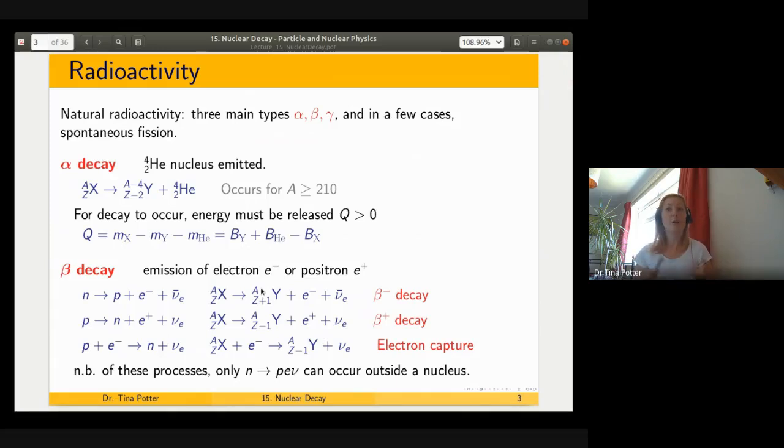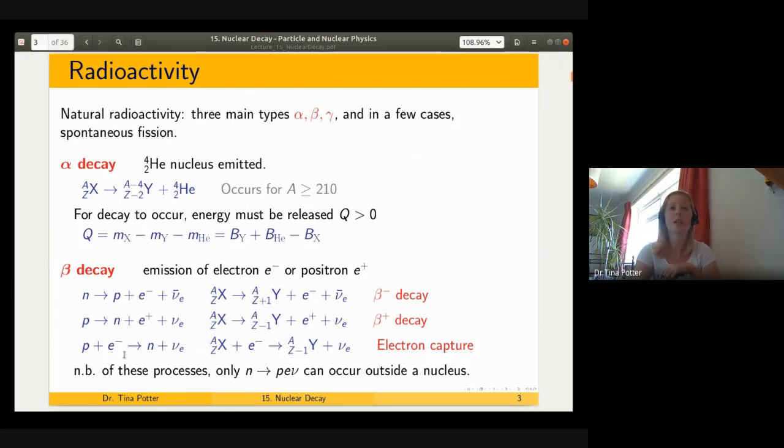We can have beta plus decay, and that's where a positron is emitted instead of an electron. And this happens when a proton changes into a neutron. So again, we're not going to have any change in the nucleus's total number of nucleons, but we're going to have a drop in the number of protons as one changes to a neutron. We can also have electron capture, which is quite interesting.